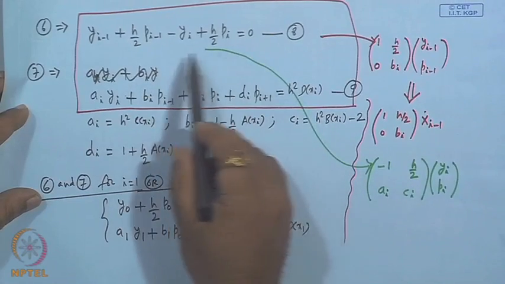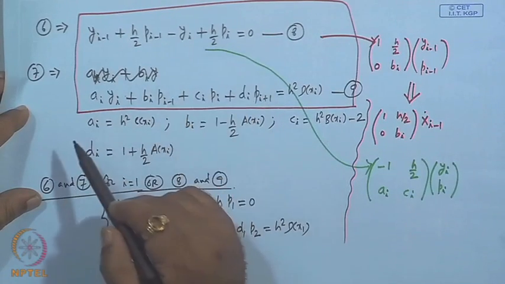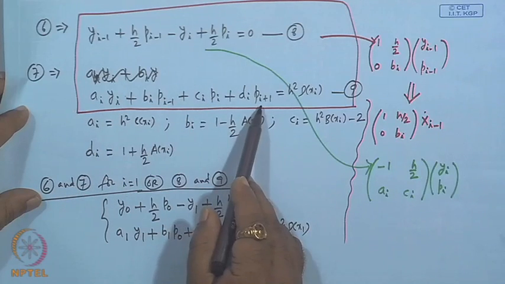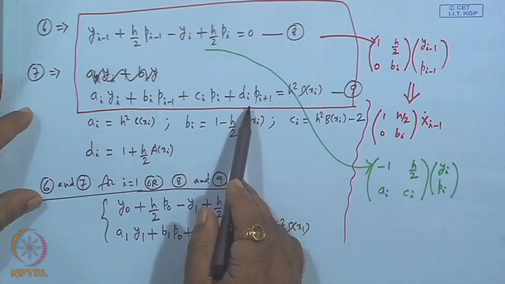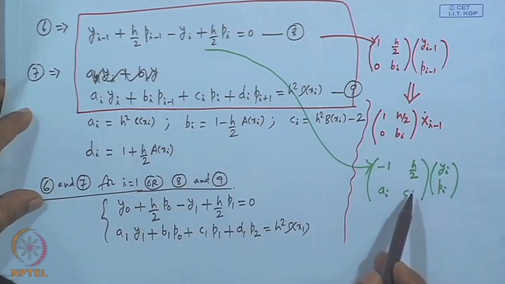Here we do not have any y i plus 1, p i plus 1. So, the first entries must be 0, whereas here we have p i plus 1. Okay. So, therefore, I am not explaining like this, because it is straightforward now.